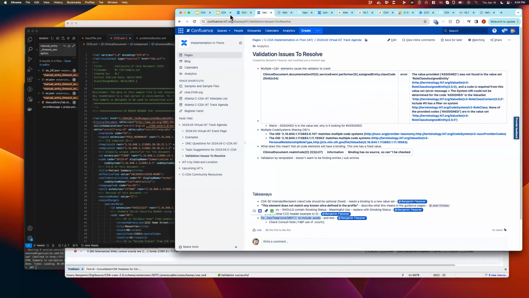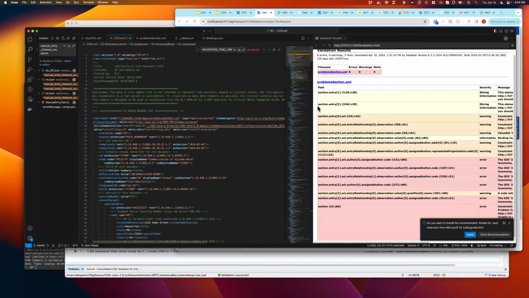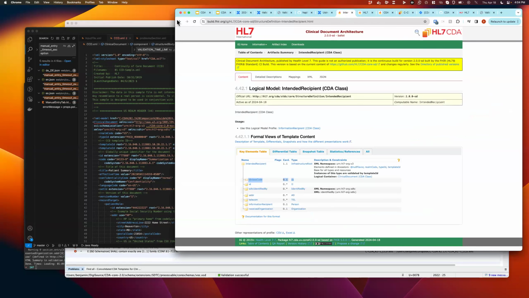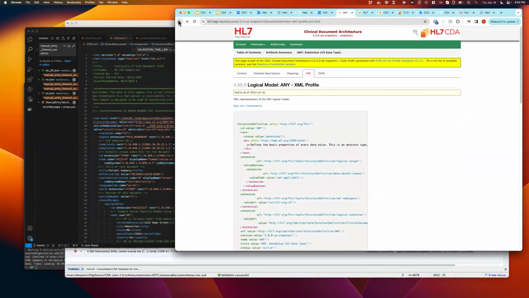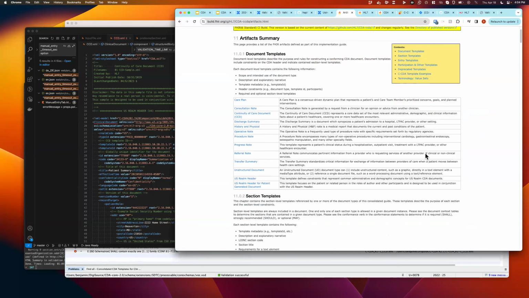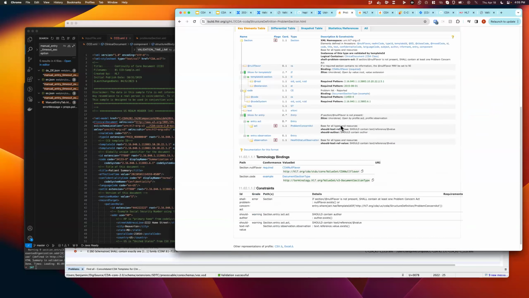And oh, yeah, this was on me, I think. I will fix this shall Problem Concern Act, and it just has to do with how the invariant was written. So that is also a fix that, if I go back to C-CDA, we go to like problem section.